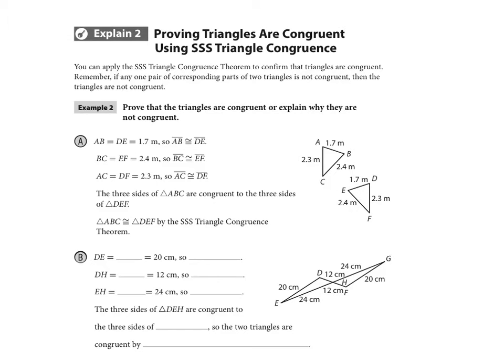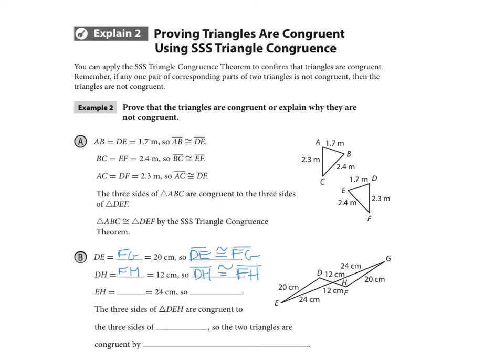In part B, as we're looking for sides, we have DE that they're starting us off with that's equal to 20, and that's going to correspond to FG, which is also a length of 20, so side DE is congruent to side FG. DH is 12 centimeters, and the other 12 centimeter length is FH. So side DH is congruent to side FH.